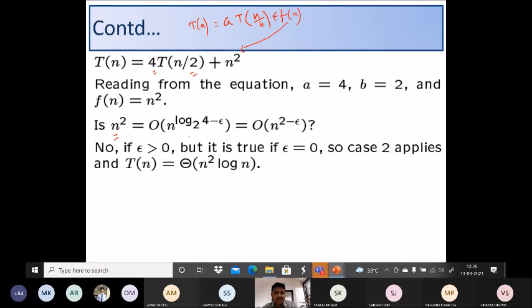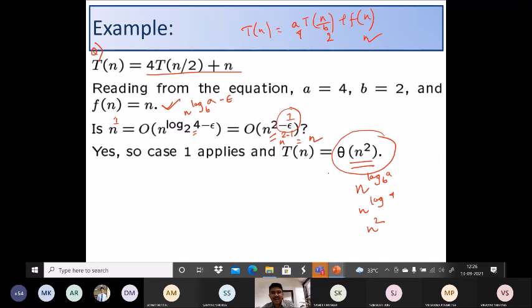On the left hand side it is n squared; on the right hand side order of n squared minus something. What should you subtract? You should subtract 0. So what is epsilon? 0.